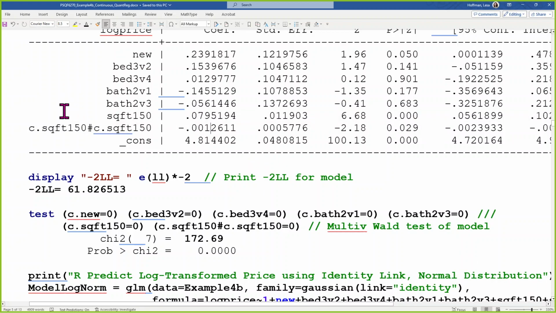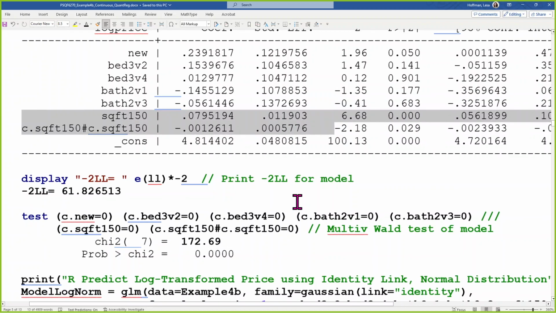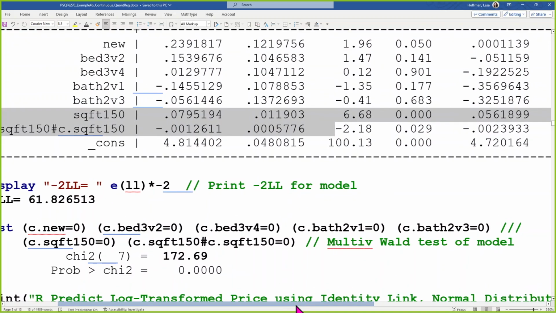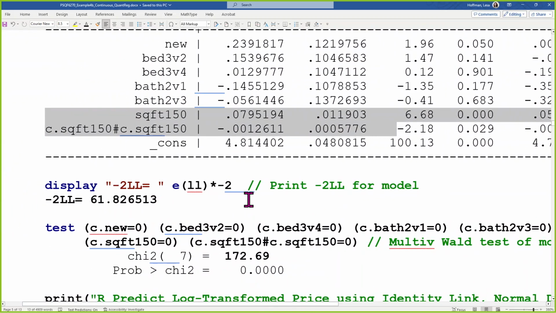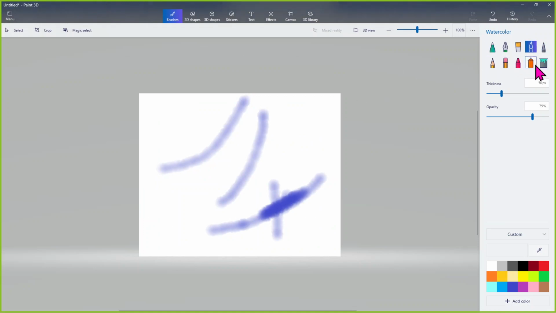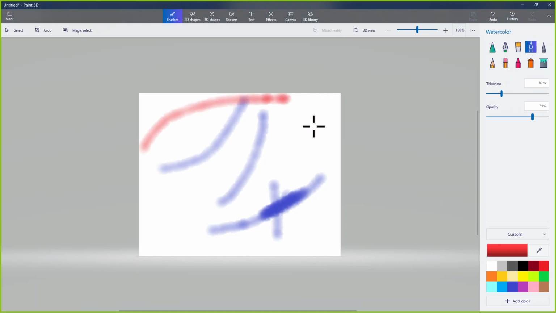This pattern, what would I call this? The quadratic is taking it and making it more positive, more negative, or less negative? Less positive. So this would correspond to, let me get a different color here, something like this. The idea of diminishing returns.